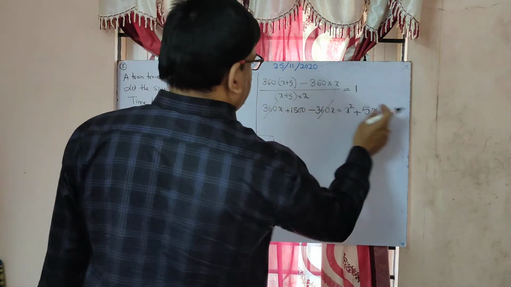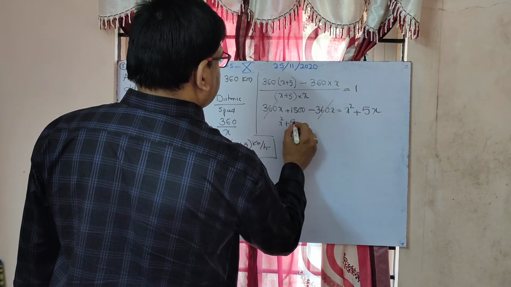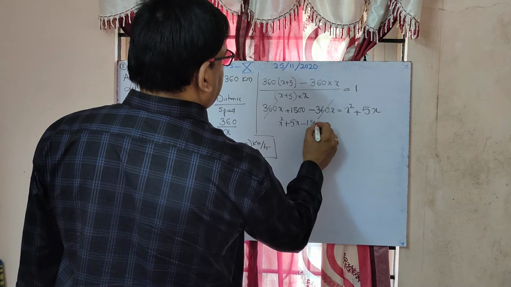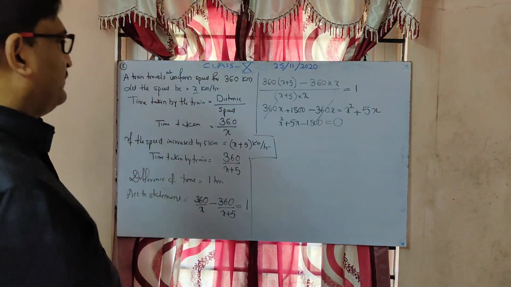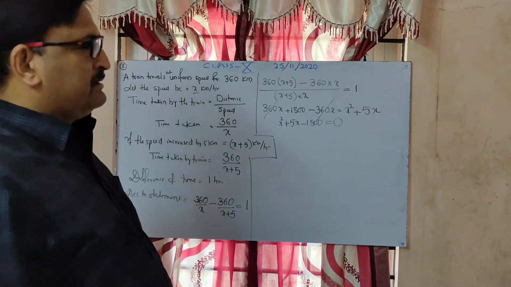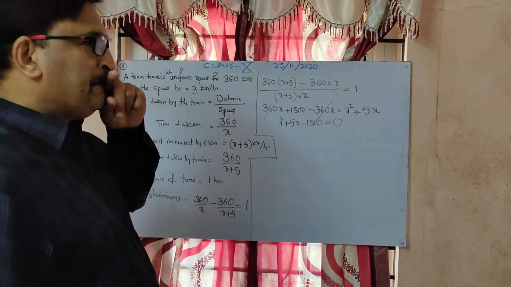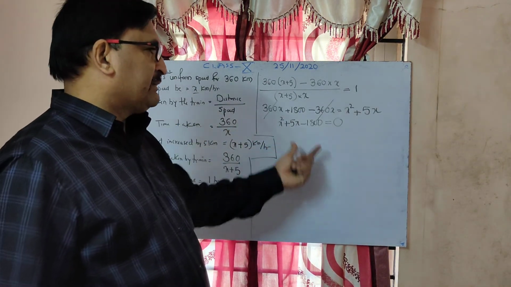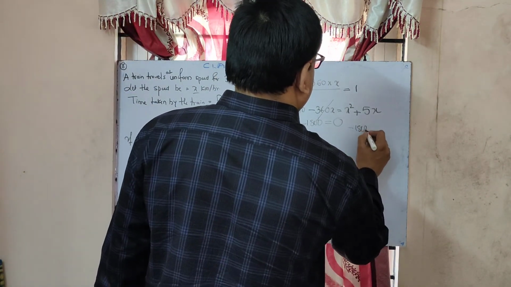Transfer this 1800 to the right hand side: x square plus 5x minus 1800 is equal to 0. If you transfer to the right hand side, it will become minus. Now this is a quadratic equation, and here it is minus 1800.